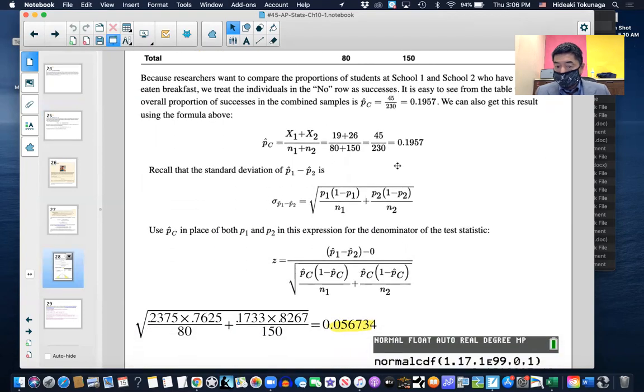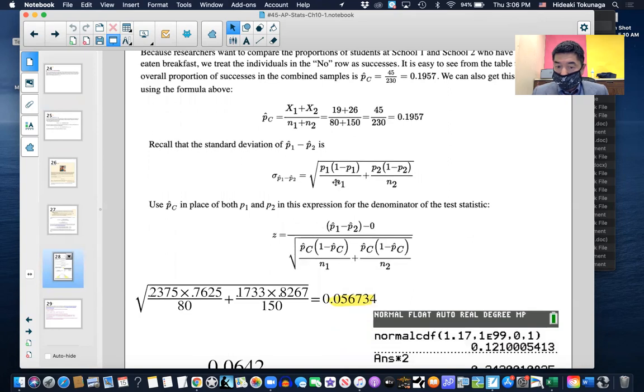Now when we compute the standard deviation of p hat 1 minus p hat 2, it's success times failure. We consider success of 0.1957, and the failure is the complement, 0.8043, divided by 80.